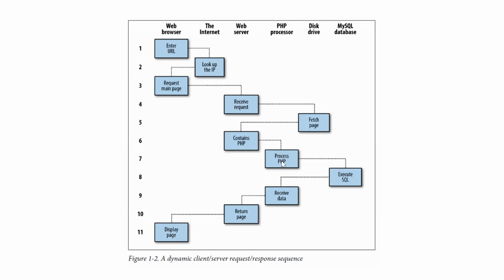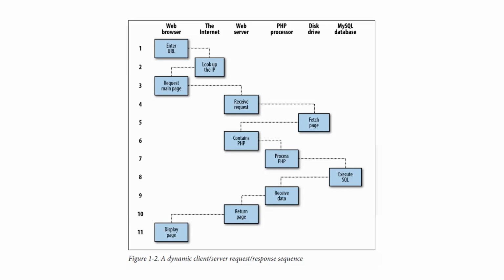Whenever you have PHP coding, you need to process the PHP. While processing, let's say we have some database access, where you need to execute an SQL statement in MySQL. For example, it could be an embedded SQL statement which executes the SQL in the SQL database, and then sends back the data, and that will return the page back to the web browser and display it.